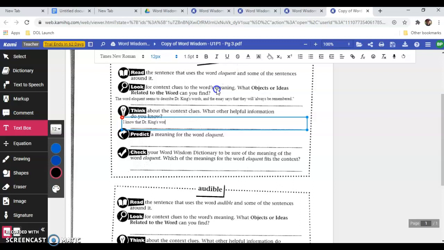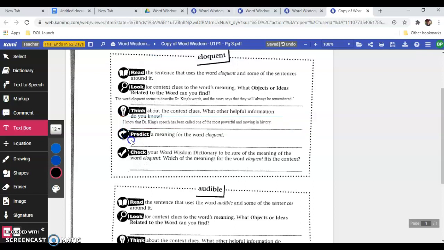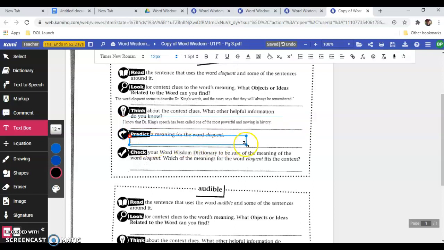Apparently I can't type today. Now that I have established some information about the word, I'm going to predict my own personal meaning for that word. I'm going to again create a text box. You guys noticing a pattern here?